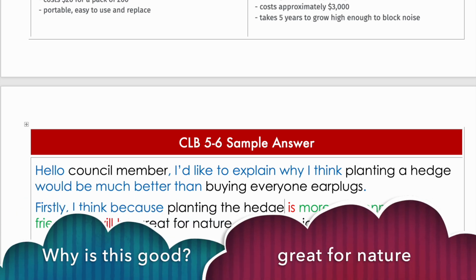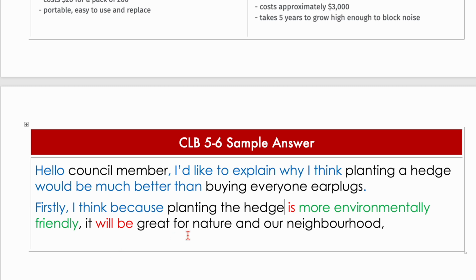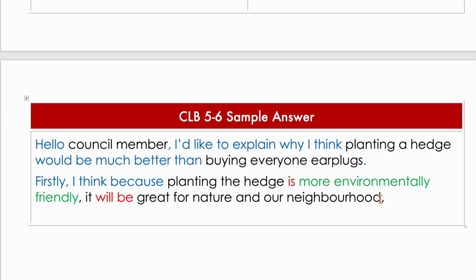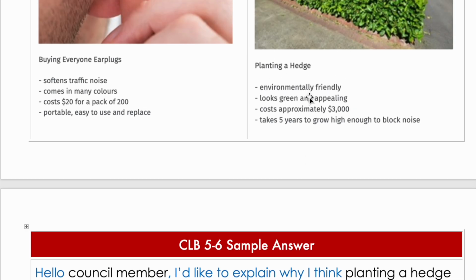Okay, so that is a really good idea. So it will be great for nature, environment. Okay? And also our neighborhood. Our neighborhood will like it. So this is what we're saying about planting the hedge. We said ours is better.